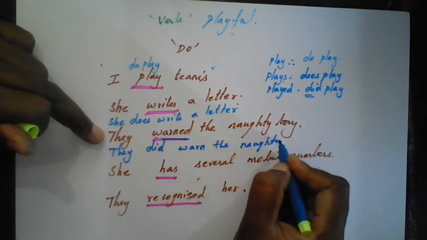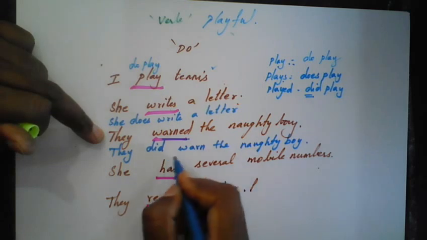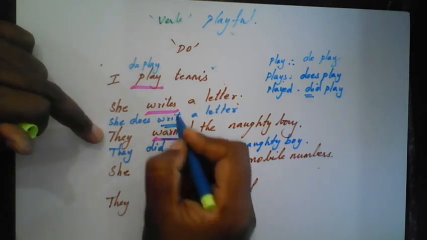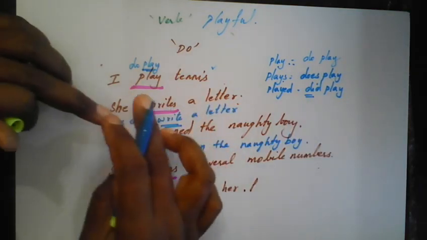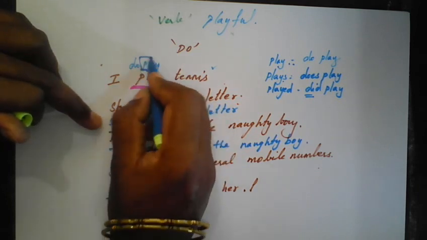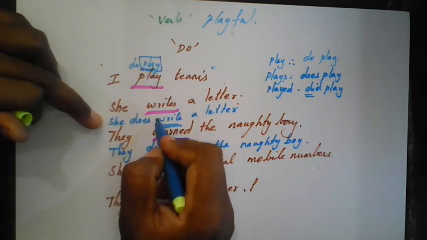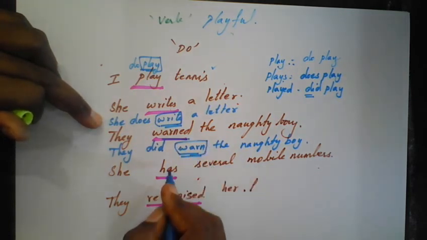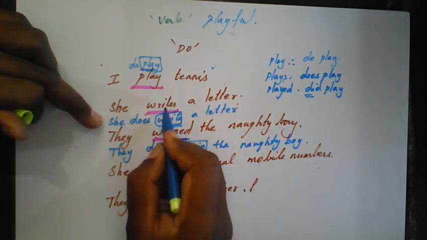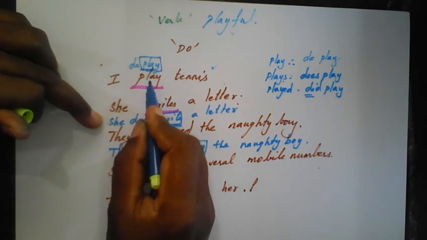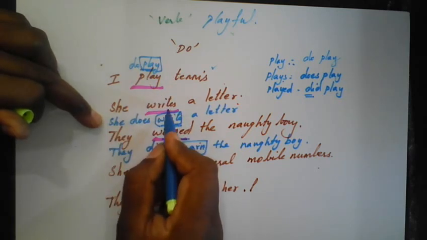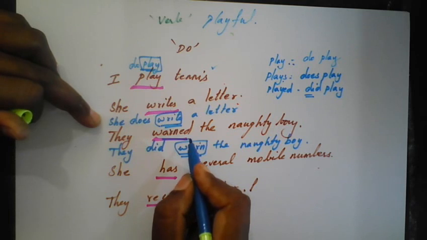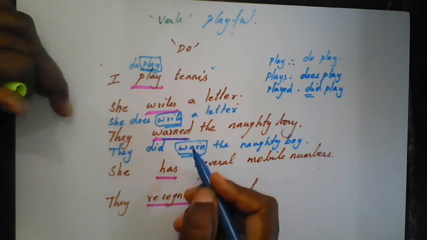Here you have to mind a thing, my dear: after separating the do verb from this, only the bare verb, only the root verb should be written. Not again "warned", not again "writes". The root verb of play is play, the root verb of writes is write, the root verb of warned is warn.